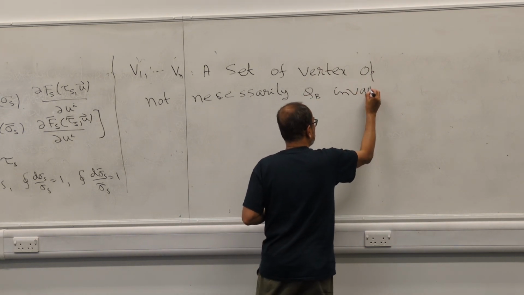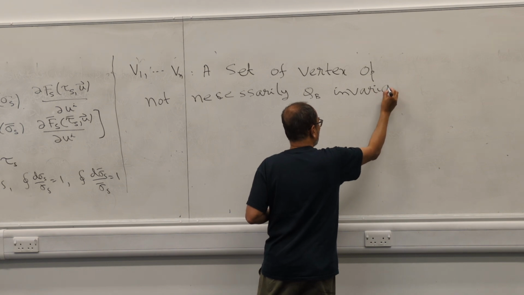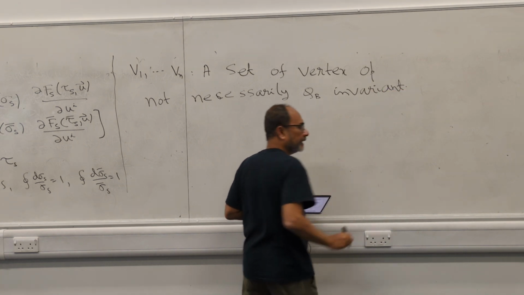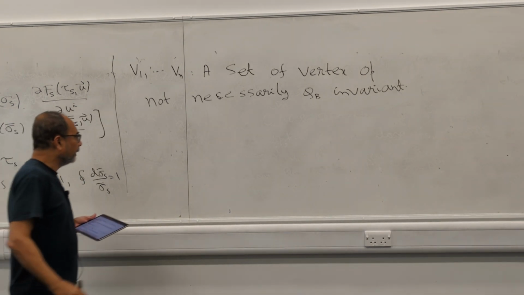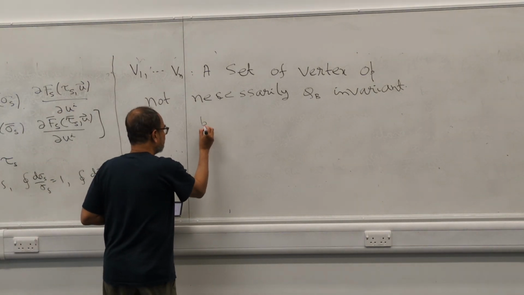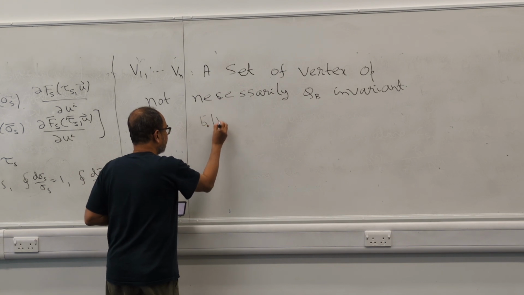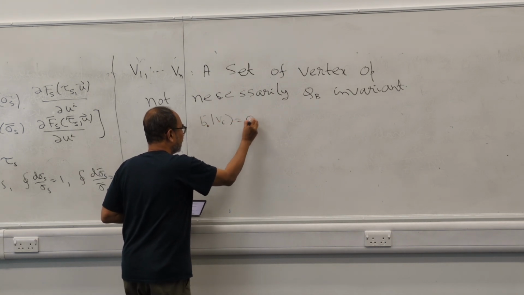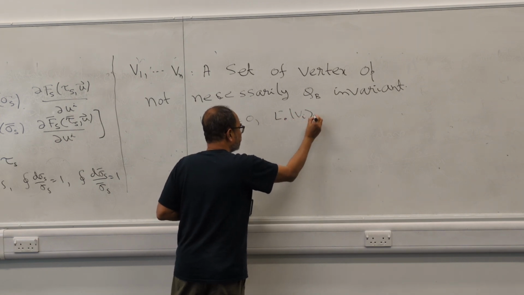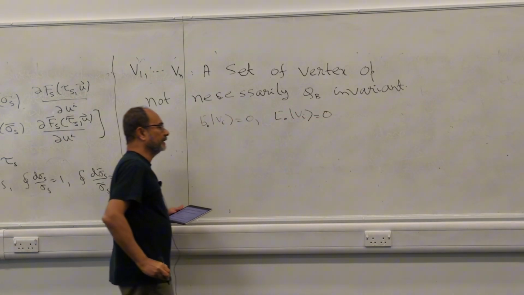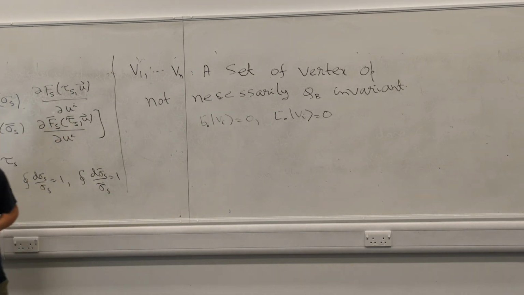So we don't demand that these vertex operators have to be elements of the BRST homology as yet. But they should satisfy these conditions: b0 minus on Vi is 0 and L0 minus on Vi is 0. These are needed because without these, you cannot really define a consistent correlation function of these vertex operators on a Riemann surface. The correlation functions become multi-valued.